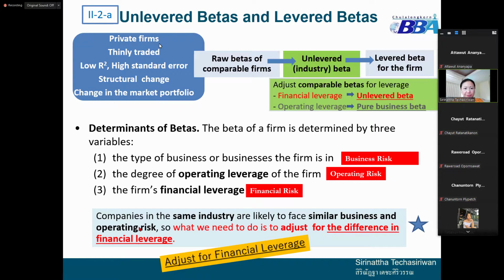For private firms, there is no historical data, so we cannot estimate the beta with the regression model. So we have to estimate beta by looking at data of other companies.